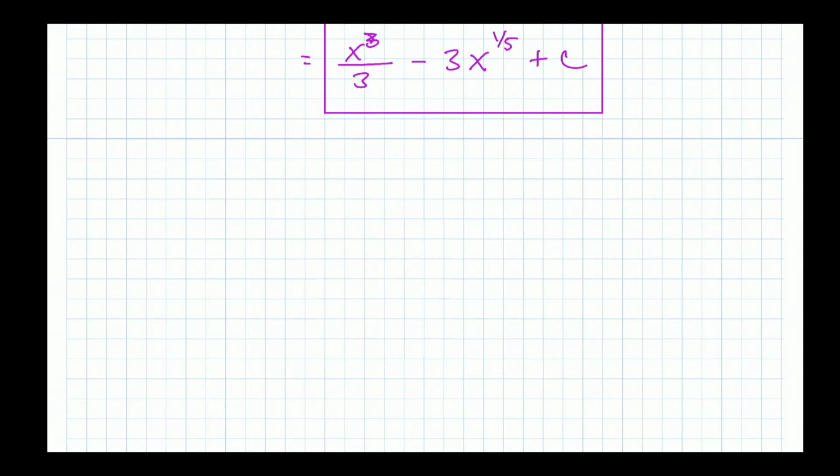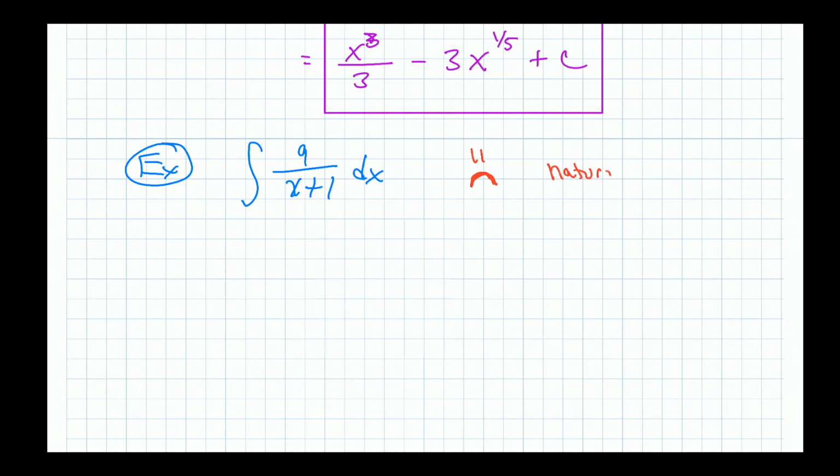Here's another example of something not related to what we just did. So I guess it's not another example, it's just an example. This has made me sad because it's the natural log, right?